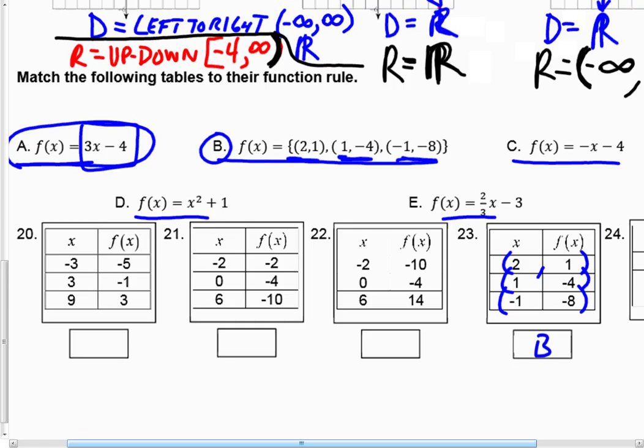Grab a calculator. X. See that X right there? Leave that there. You have 3x minus 4 in somewhere? Okay. All right.